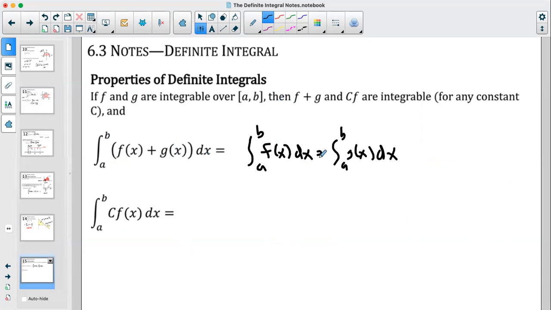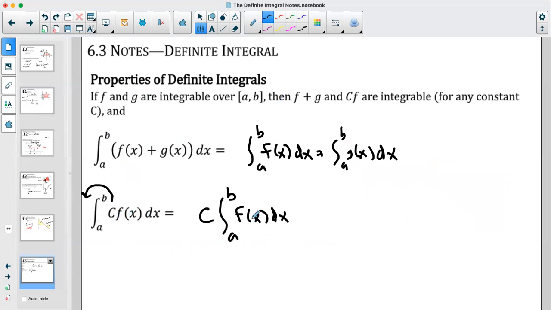The integral of a sum is the sum of the integrals. And if there's a constant multiplied by a function inside an integral, I can pull the constant to the outside. Basically, you can factor a constant outside of the integral.